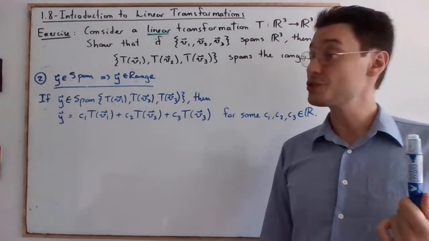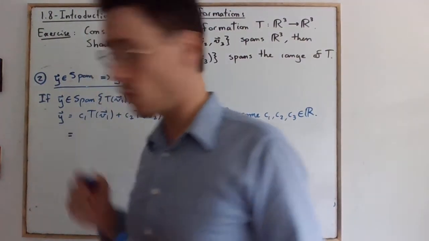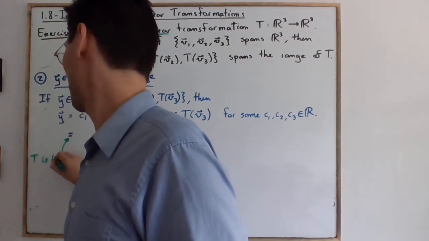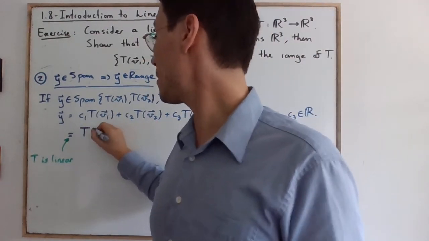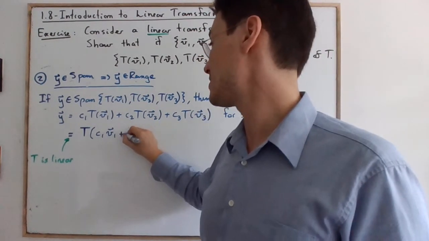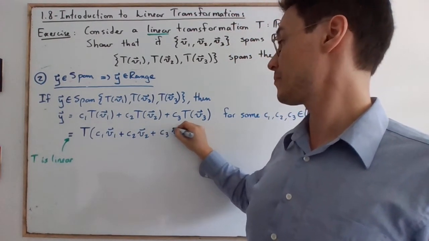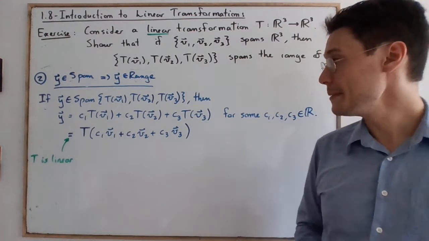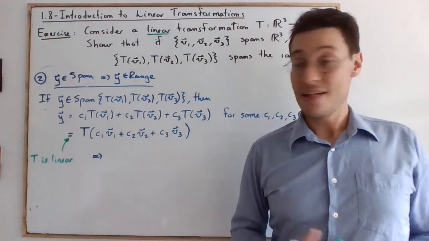Now we're going to use the linearity of the transformation in the opposite way. Again, we know that T is linear, so what it allows us to do is to compress back that linear combination. We know that this is T of c1 v1 plus c2 v2 plus c3 v3.